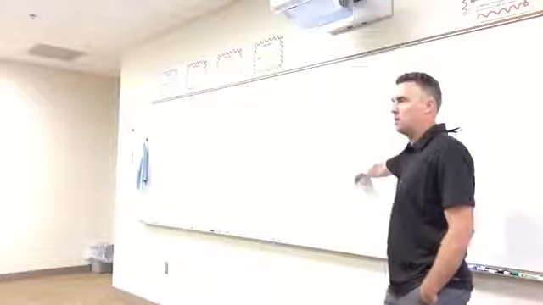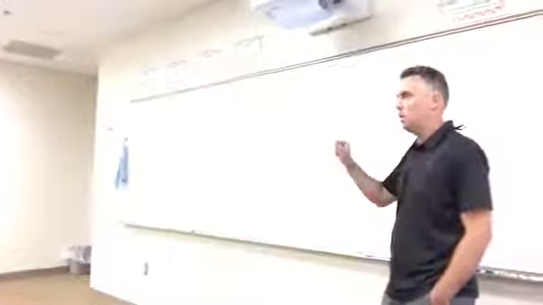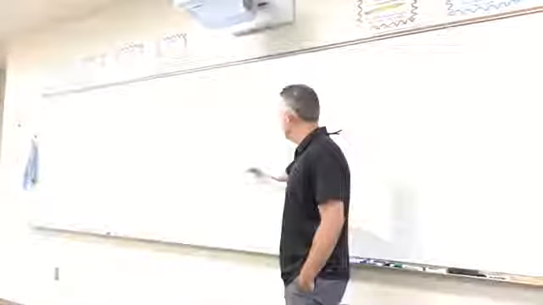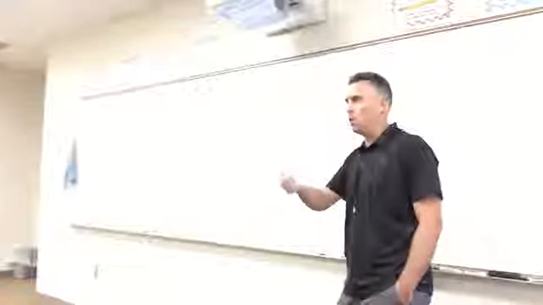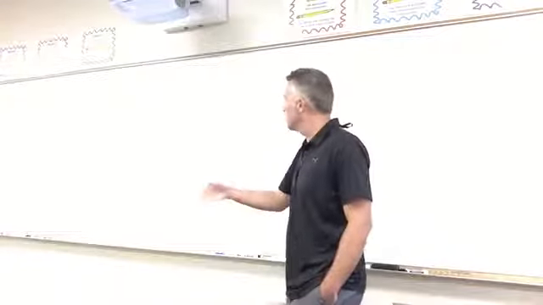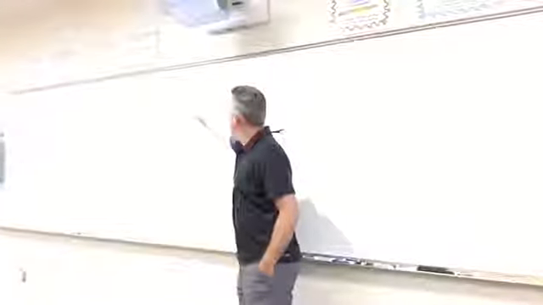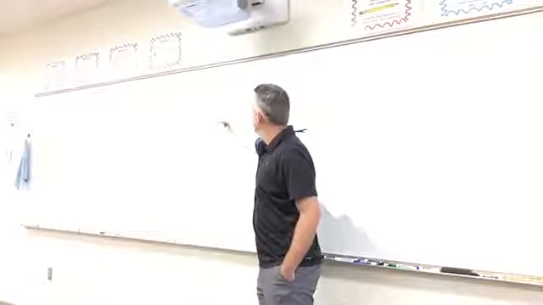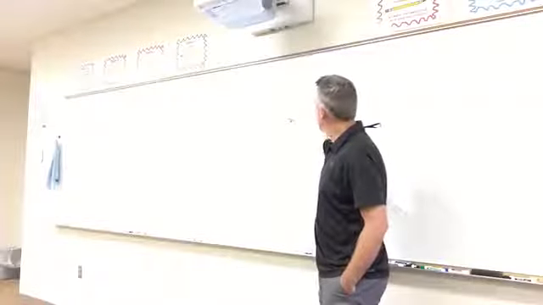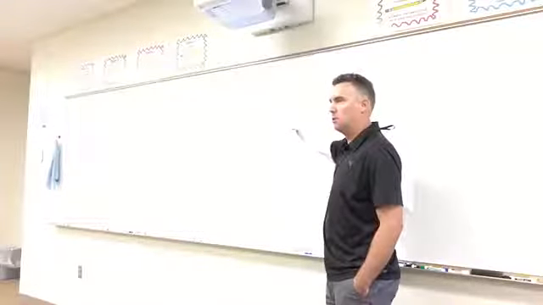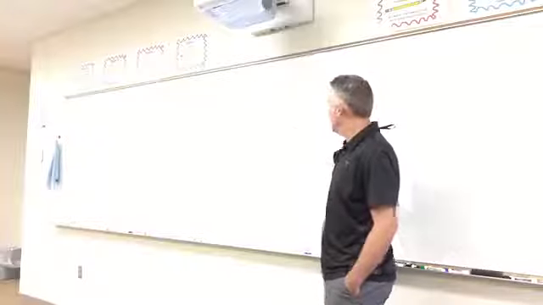So the one that I'm pointing at right now would be called a 3 by 3 because it has 3 rows and it has 3 columns. Okay? We always do rows by columns. Rows come first, columns come second. This would be a 2 row by 2 column. So 2 by 2, 3 by 3. This one is a 3 by 2. 3 rows, 2 columns. Right? So we always go rows by columns.